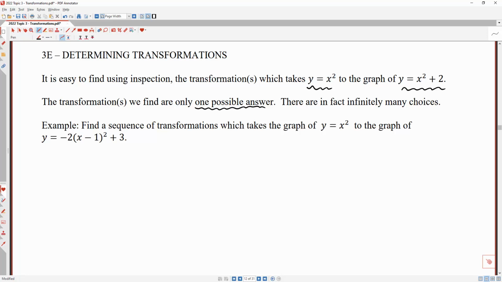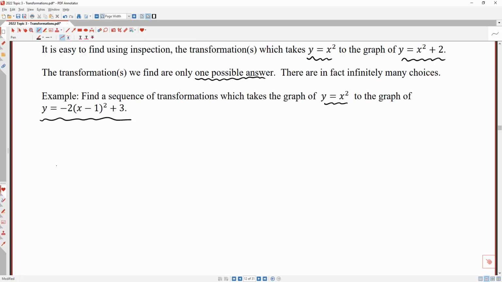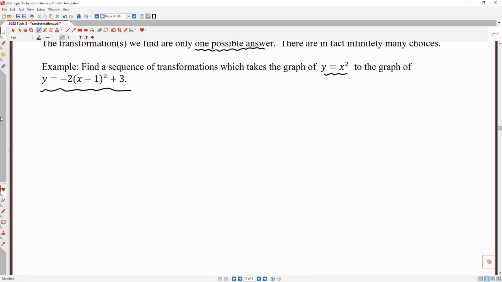So let's do this one here. Find a sequence of transformations which takes the graph of y equals x squared to the graph of y equals that. Now again, this is fairly easy to do via inspection, and I can see here that this negative sign means that the graph of y equals x squared was reflected in the x-axis. So I can see that.